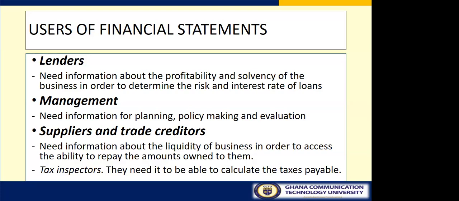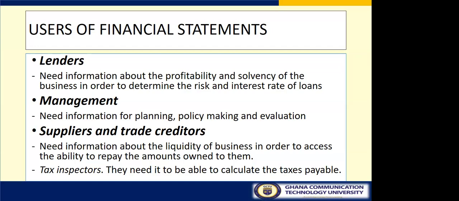For example, you see our Makola ladies with big shops, or the pharmaceutical shops. They buy those drugs on credit. You see our hospitals, the suppliers supply medicine or drugs to them on credit. Maybe 2-3 months, and then they go for the money. So they become what? Trade creditors.